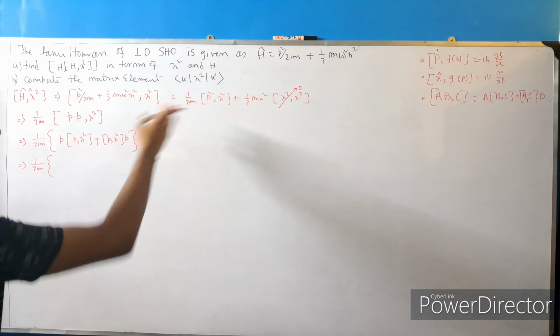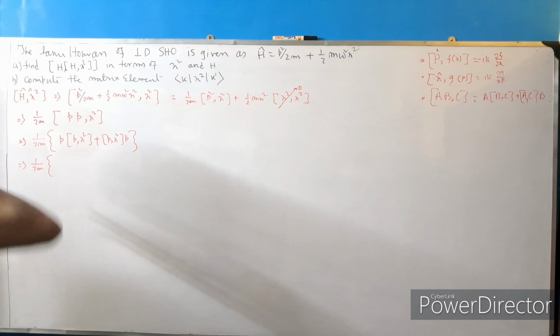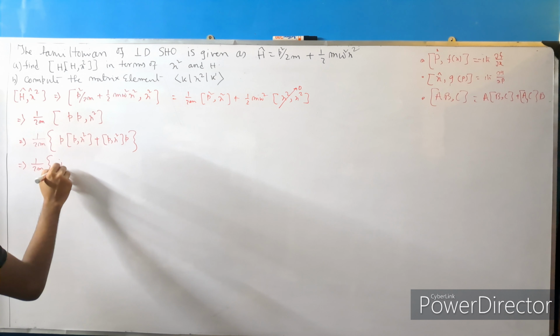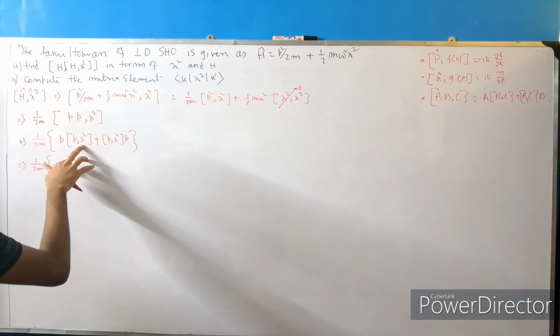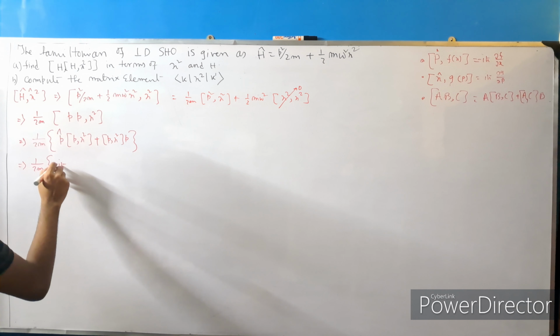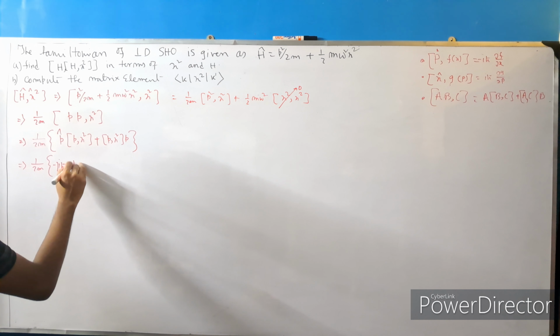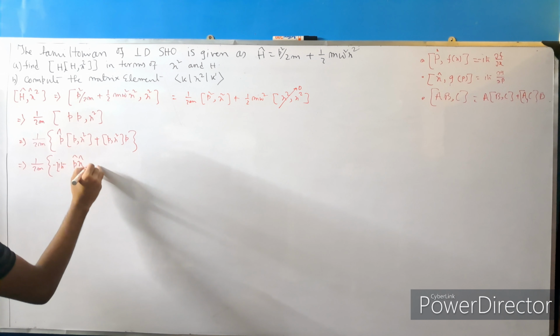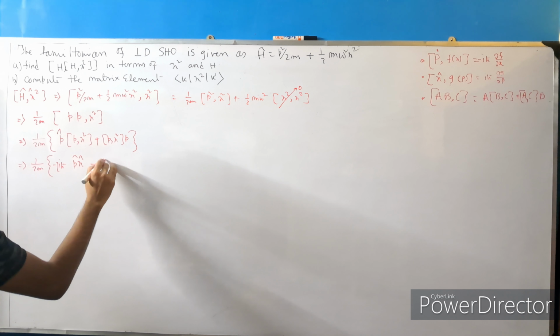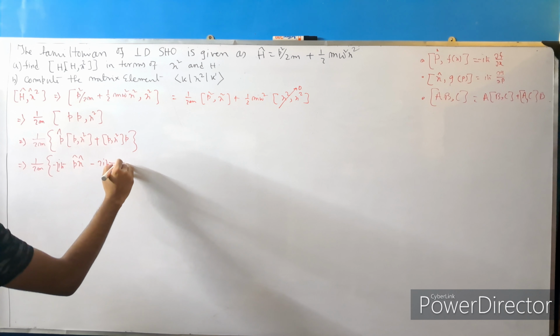There is no formula for p squared. So for this I will get a minus i h-cut, and I will get a 2x, and p is on that side, so 2i h-cut and px. Similarly from here I will also get the same thing, minus 2i h-cut, but here I will get x.